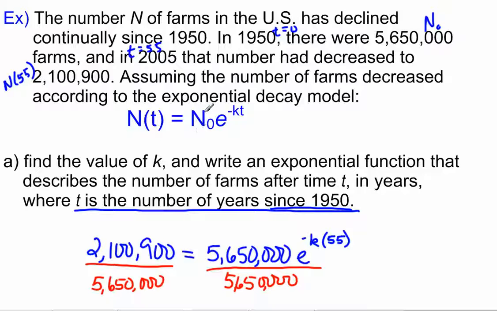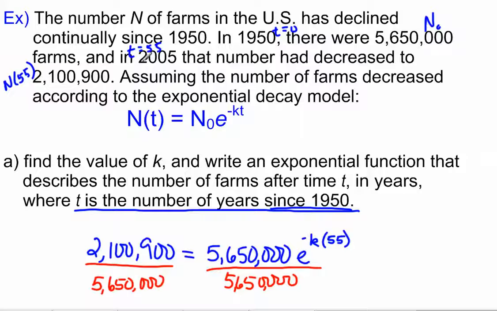N of t equals n sub 0, the initial, times e to the minus kt, and it's a minus because it's a decay problem. We want to find the value of k and then write our exponential function describing the number of farms after time t in years, where t is the number of years since 1950. Okay, so t equals 0 is 1950, which makes the 5,650,000 the number in that year, n sub 0.